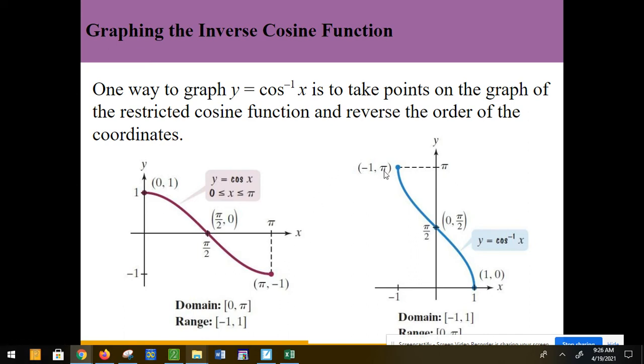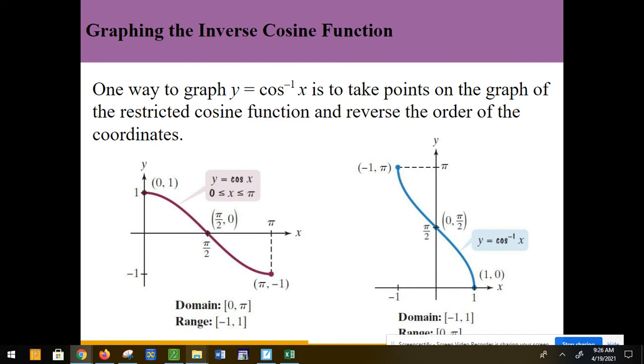So instead of 0, 1, you should have 1, 0, which is here. For pi over 2, 0, you now have 0, pi over 2, so that's here. And pi, negative 1 is now negative 1, pi, which is here.